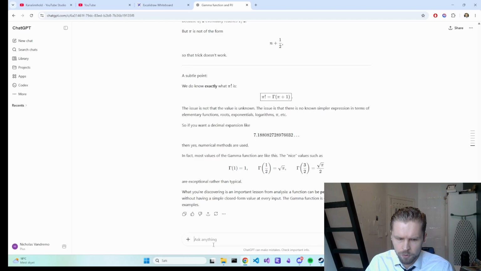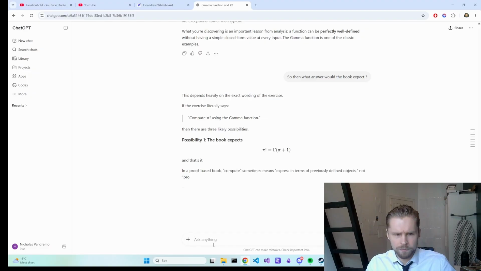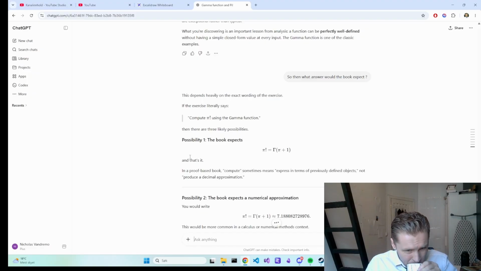So extra credit: compute pi factorial. But they want me to... So then, what answer would the book expect? And how would I do it? Possibility 1: the book expects pi factorial equals gamma of pi plus 1. That can't be it.